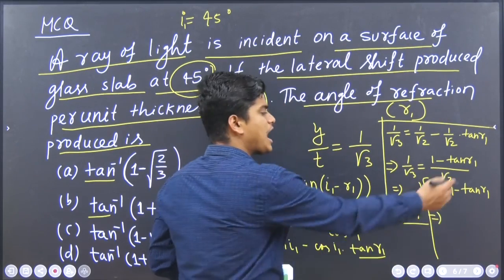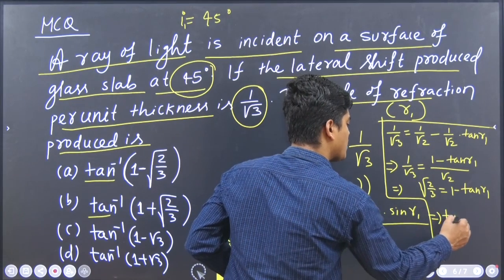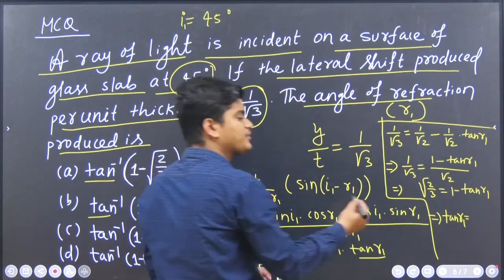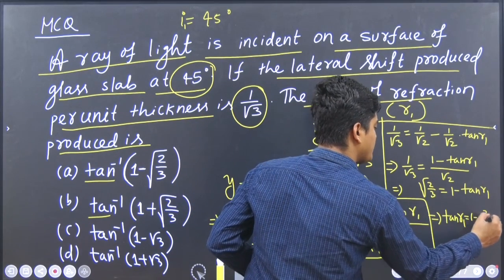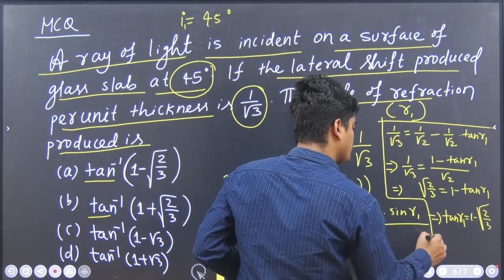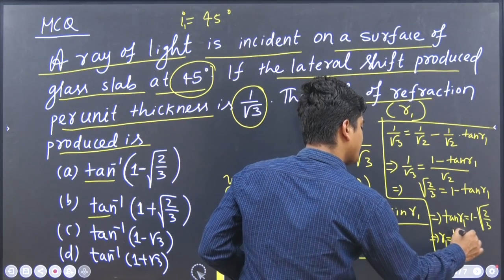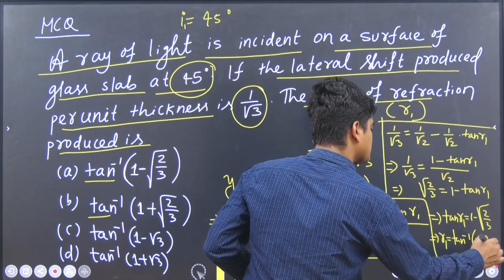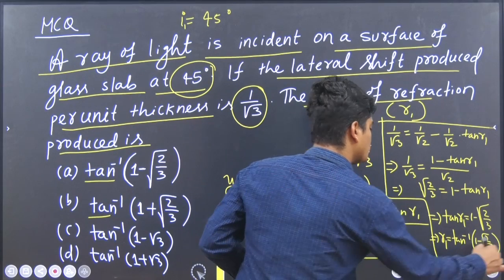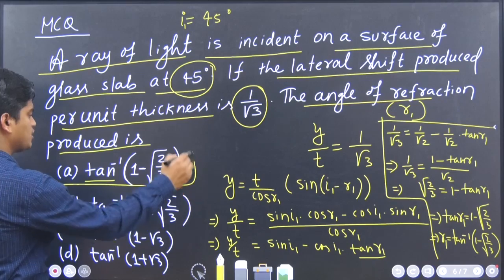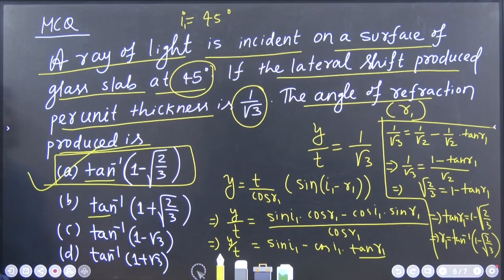This implies that tan r1 is 1 minus root 2 by 3, so if you want to write r1, it will be tan inverse of 1 minus root 2 by 3. Here you will check the options, and option A matches correctly with that.